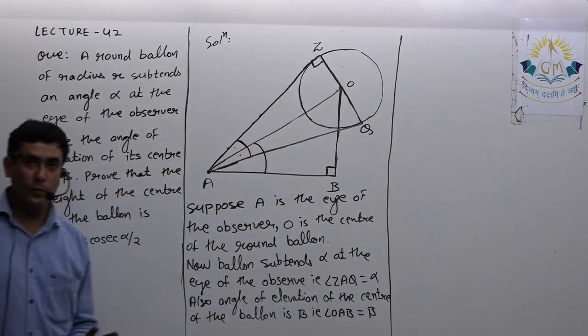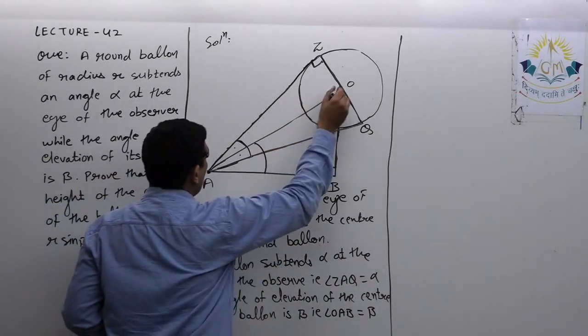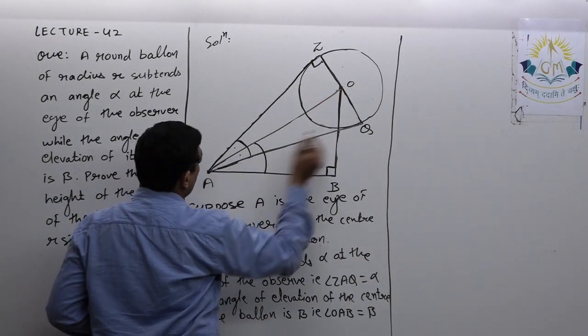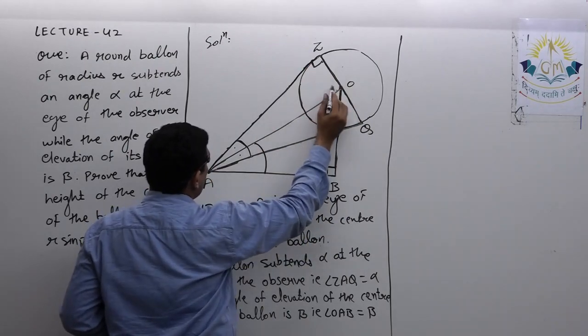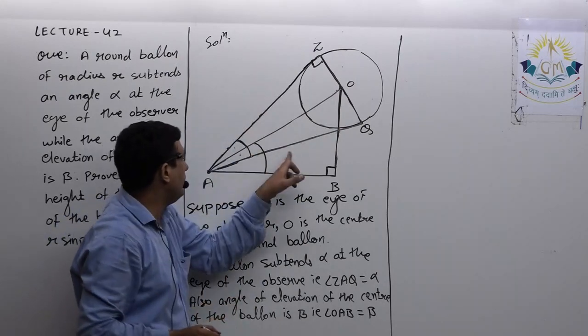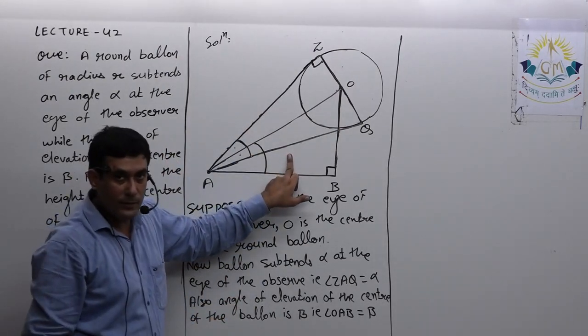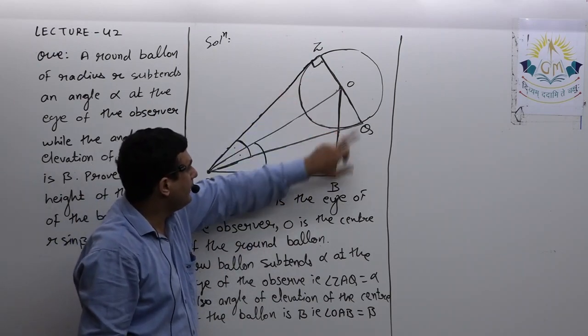Why? There are two ways. Actually, we can prove it by congruency. In triangle OAQ and OAZ, this upper triangle and this lower triangle, I can say AZ equal to AQ because the tangents from an exterior point to a circle are equal. These two angles are 90 degree.